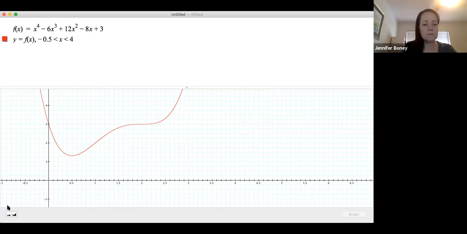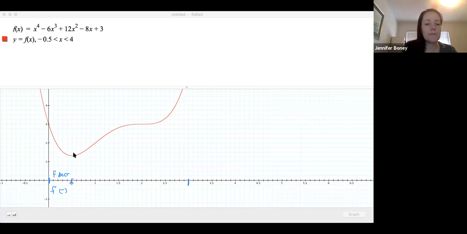So between 0 and 0.5, my function is decreasing, which means, oh yeah, I got F here. Sorry, it's G on the screen. F prime was negative.